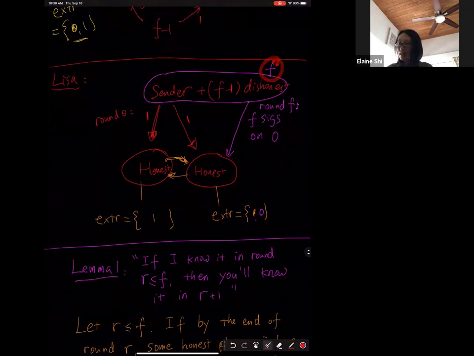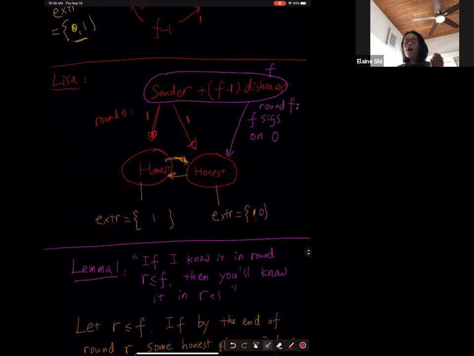The reason why the attack worked for the f round case was because I control f nodes and I have the capability to produce f signatures on 0 in precisely the last round. And therefore, if I tell half of the people, okay, look, here's f signatures on 0, and I do it in the last round, then these people won't have time to inform others.